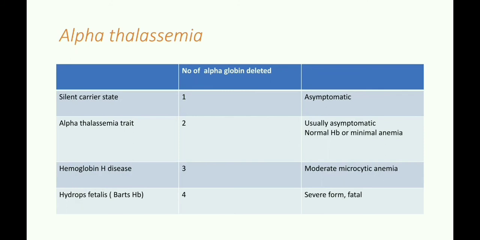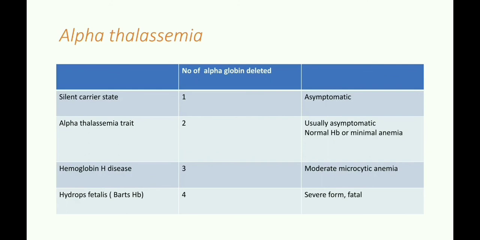So you get normal hemoglobin, or sometimes there can be minimal anemia. Now when 3 alleles are affected, we call it hemoglobin H disease, and here there is moderate microcytic anemia.